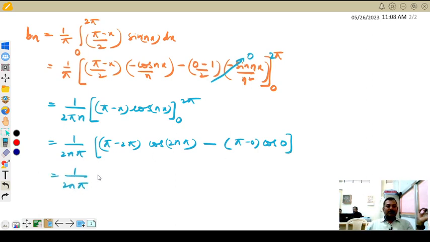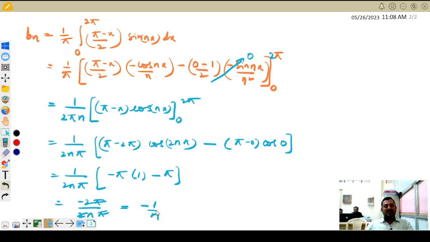1 by 2n pi. Pi minus 2 pi is minus pi. Cos 2n pi is 1. Cos 0 is 1. Again this is pi. Minus pi is minus 2 pi divided by 2n pi. So 2 pi gets cancelled. You will get minus 1 by n.